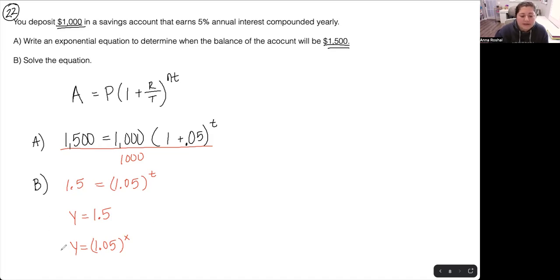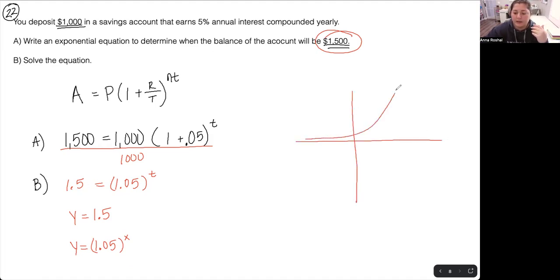So wherever these two meet, that will be how long it will take for your account to hit $1,500. Again, I don't have a graphing calculator shown on my screen, so I won't give that to you, but you can easily go in and it'll show you where they meet. So your graph will kind of look like this and then like this, and then they should meet at some point in this positive section here.